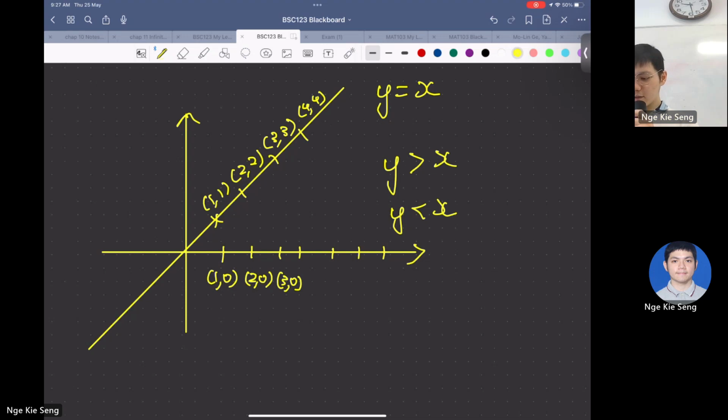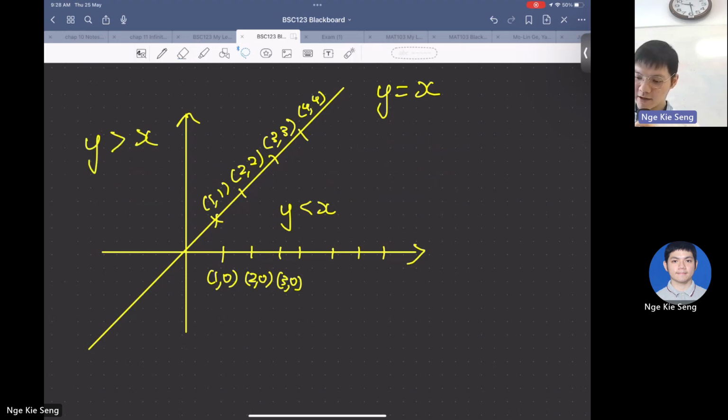So these are all the points that are satisfying y less than x. And on the other side of this line, you will get y greater than x. If you verify the points on the left, for example, you will get minus 1, 0, minus 2, 0, and so on.